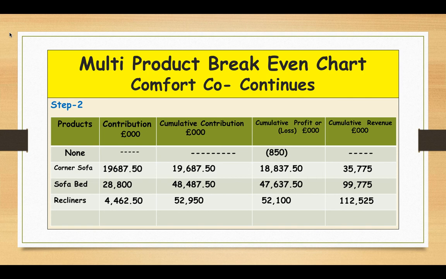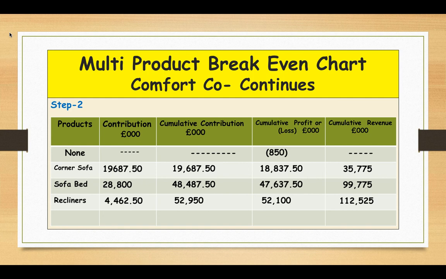Now, the second one is sofa bed. So we are going to assume the company is going to sell corner sofa and the sofa bed. So the sofa bed's total contribution is contribution per unit 720 times it by the number of units is 40,000. So that is 28,800,000 pounds.